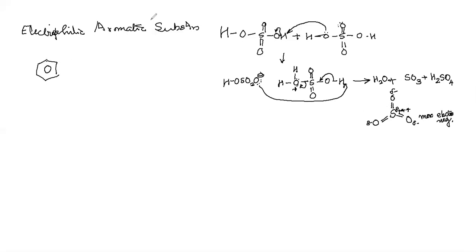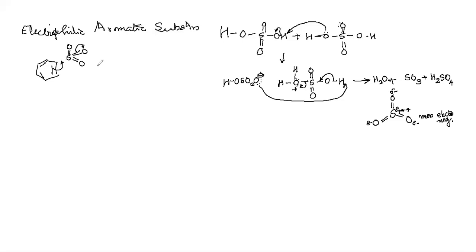Now you have your benzene ring, and see here, writing the mechanism of this reaction. We have SO3, a neutral electrophile. Remember that it's neutral. Now this shifts over here and this shifts over here.